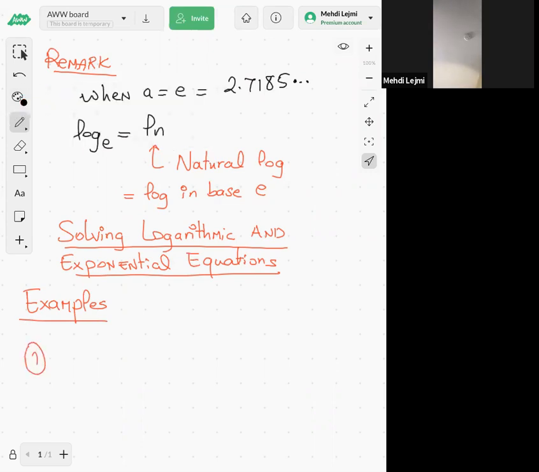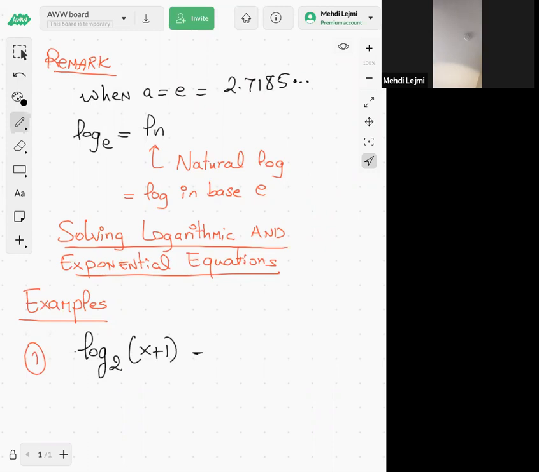So let's say you have log in base 2 of x plus 1 minus. When I say log in base 2 of x plus 1, you cannot separate the x plus 1. It's log applied to the x plus 1. So first you do what's inside the parentheses, the x plus 1, and then you apply the log.